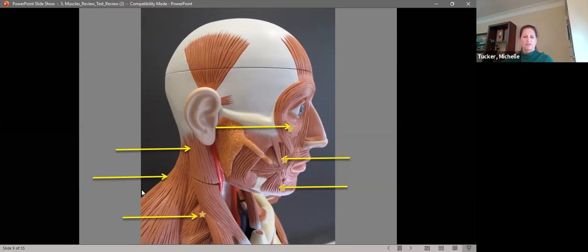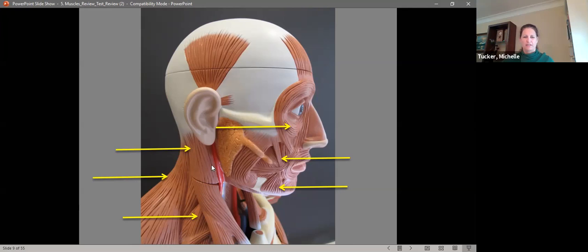This is the superficial one known as trapezius. And then this is a different version of looking at splenius capitis, and we would not be presenting it from this view. We would present it from a full posterior view where you can see that the trapezius has been cut away. But just in case there's some of you wondering, what is that muscle that we're trying to identify? It's just an alternate view.